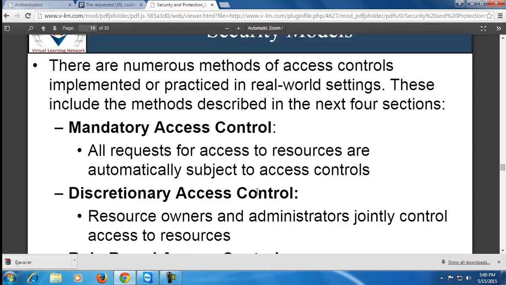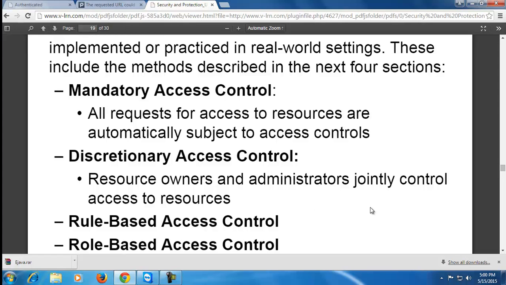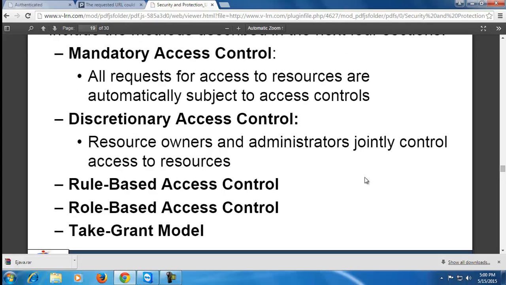Next is discretionary access control, in which resource owners and administrators jointly control access to resources or apply some mechanism for accessing the content or resources in the system. Next is rule-based access control, in which we define rules for how to access the system, which access is permissible, and how changes can be applied to the files.